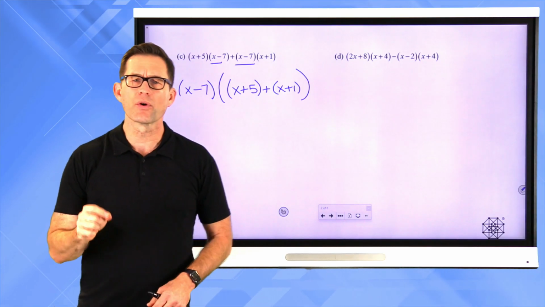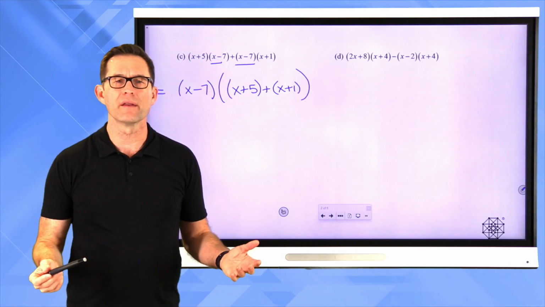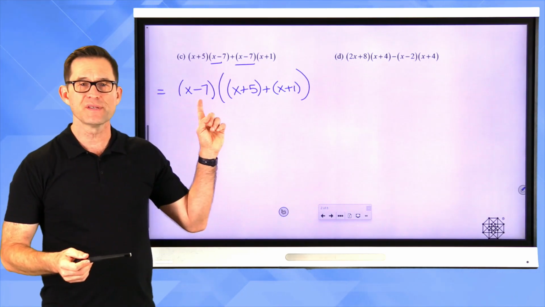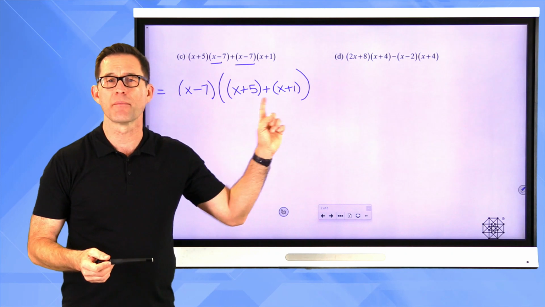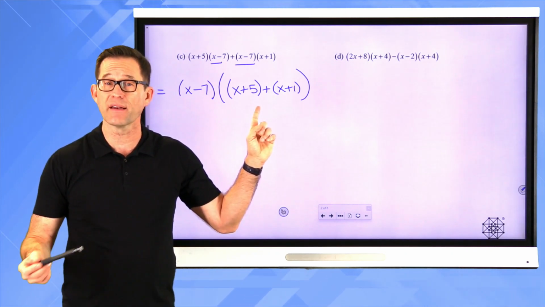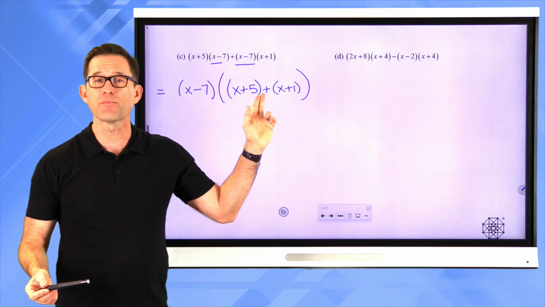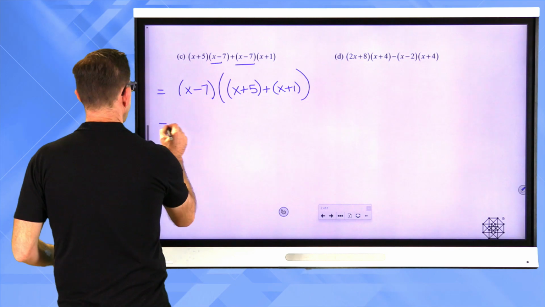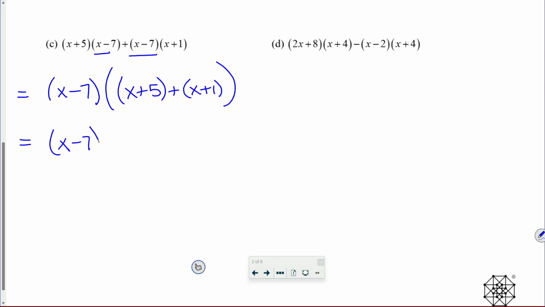Now, the directions were very specific. They said rewrite each expression as the product of two binomials. Well, this is a binomial, but right now this is not a binomial. Now keep in mind, addition is associative and commutative. So really, these parentheses at this point are kind of irrelevant, and I can rewrite this as x minus 7 times x plus 5 plus x plus 1.